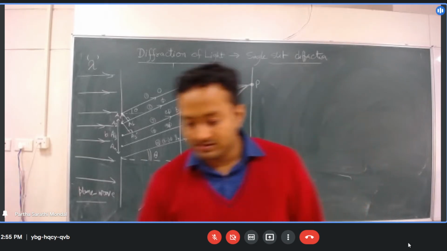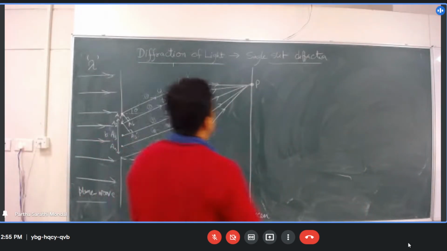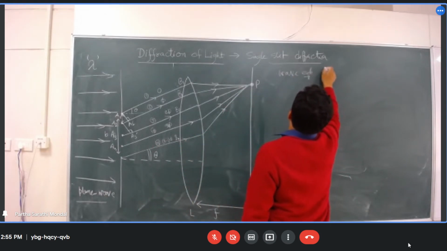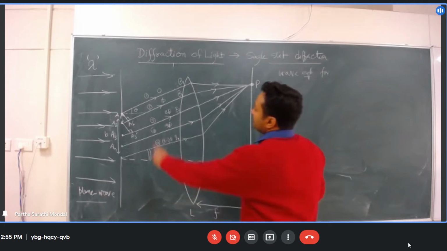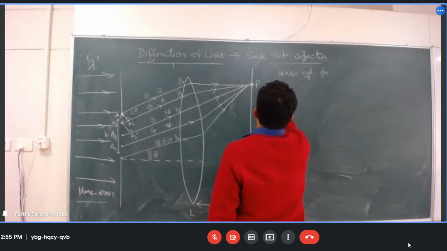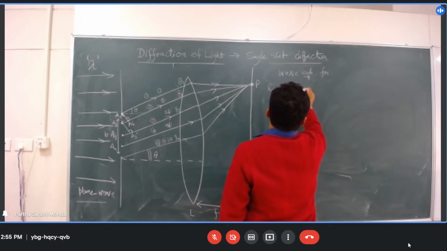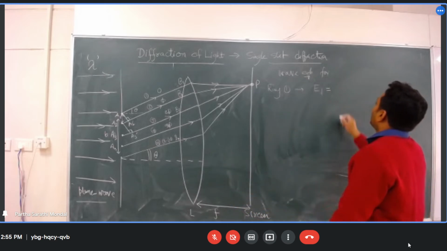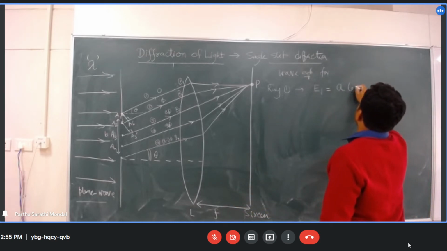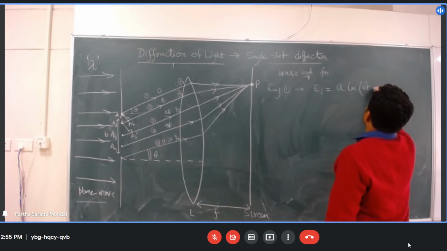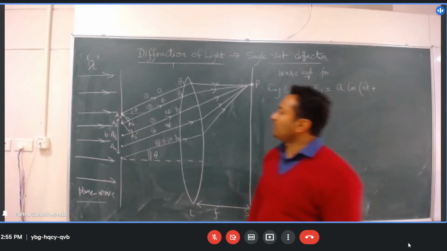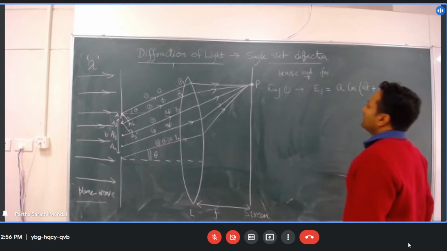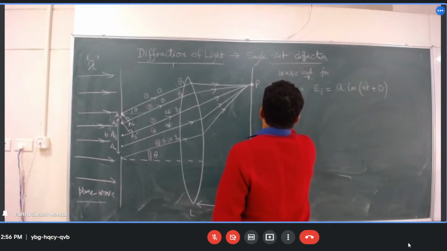So now the wave equation. Let's say मैं इसको ray 1 बोल रहा हूं, E1. तो वेव इक्वेशन हम लोग क्या लिखते हैं, amplitude cos omega t plus phase लिखते हैं। तो E1 equals A cos omega t, जो फेज है मैं इसको 0 बोलता हूं। Okay, similarly ray 2 का क्या होगा?